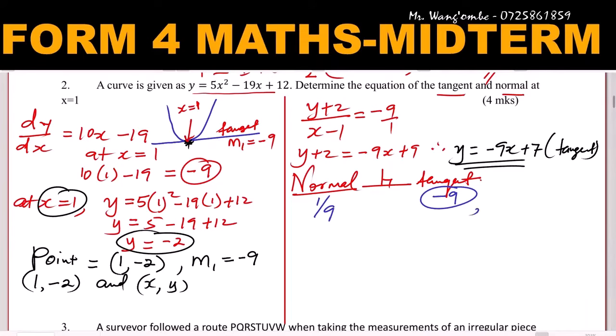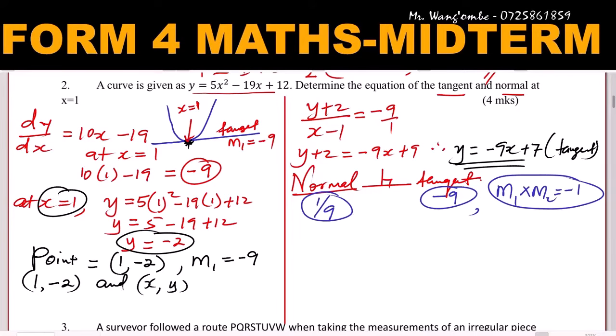Because given two lines that are perpendicular to one another, I'll say the first line has gradient m1 and the second line has gradient m2. When you get the product of the gradients of two lines that are perpendicular, you should get -1. So now we have the gradient of the normal as 1/9. If you multiply 1/9 times -9, you get -1.